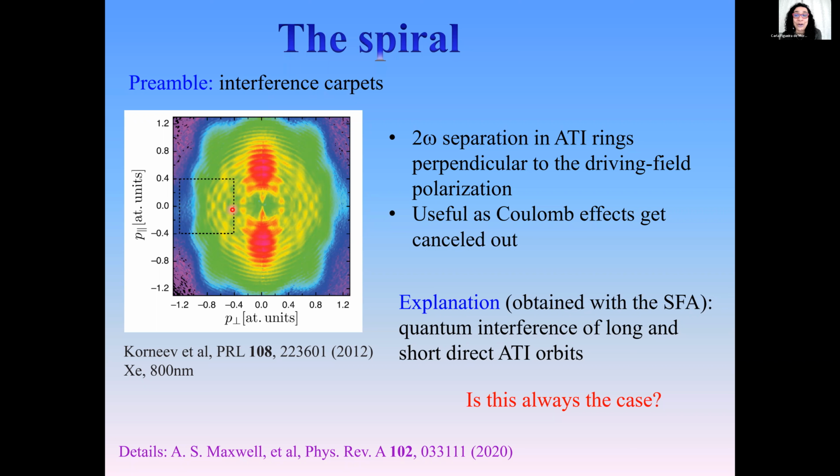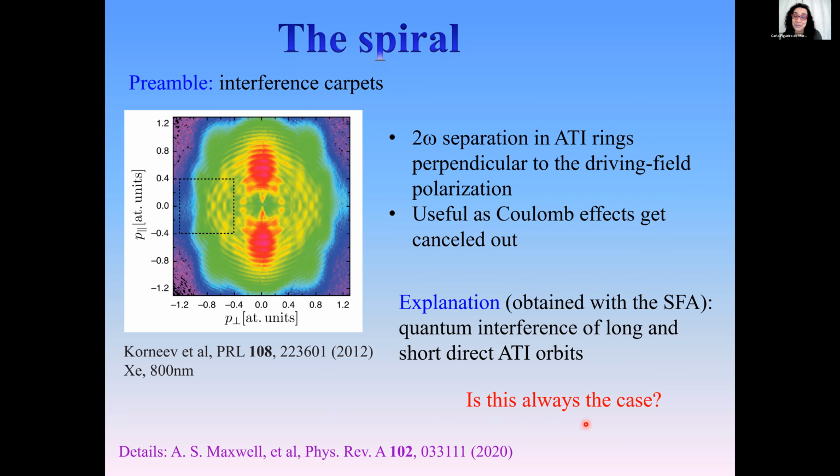People always thought, okay, I can use the strong field approximation here because the Coulomb effects are going to get canceled out. They said this structure doesn't come from any interaction with the core, because it can be modeled by the long and short orbits, which come from the strong field approximation in its direct version.